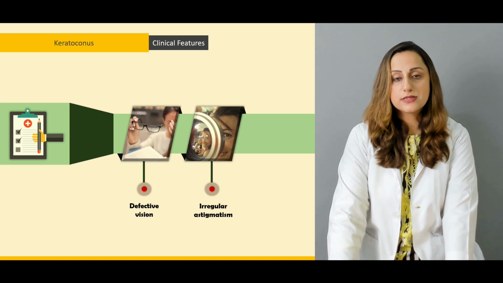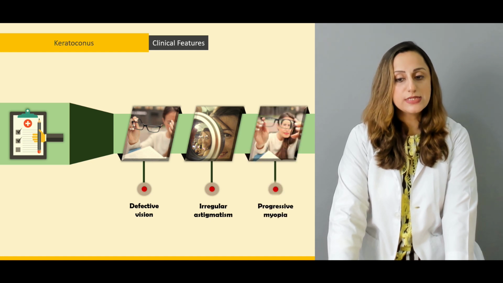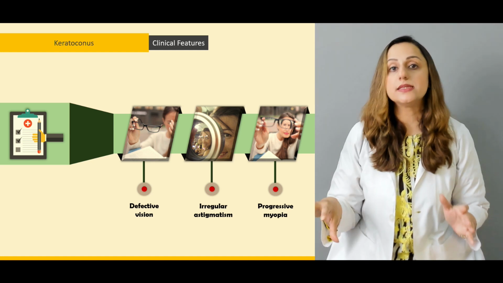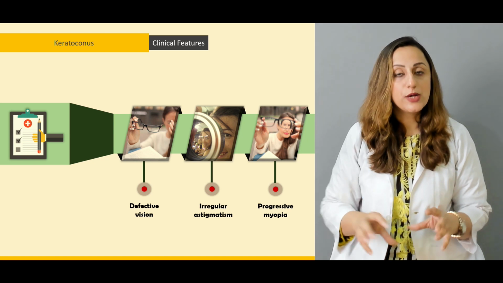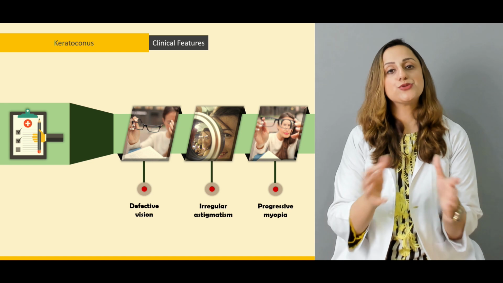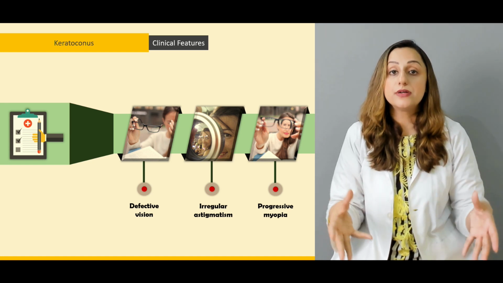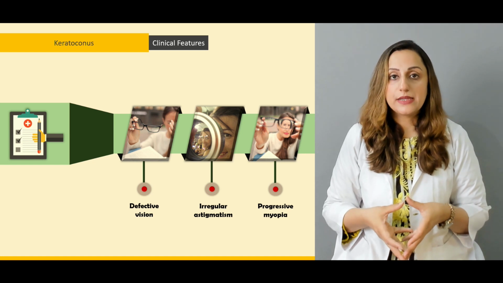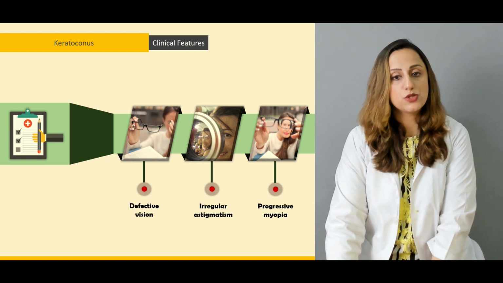Irregular astigmatism, so these are the peculiar features, and then obviously the patient is going to have a progressive myopia as well. So these are the key complaints that you're going to look for when you're taking the history from the patient. And then only obviously you're going to distinguish these features from the other contributing factors that can lead to the development of keratoconus in these individuals.